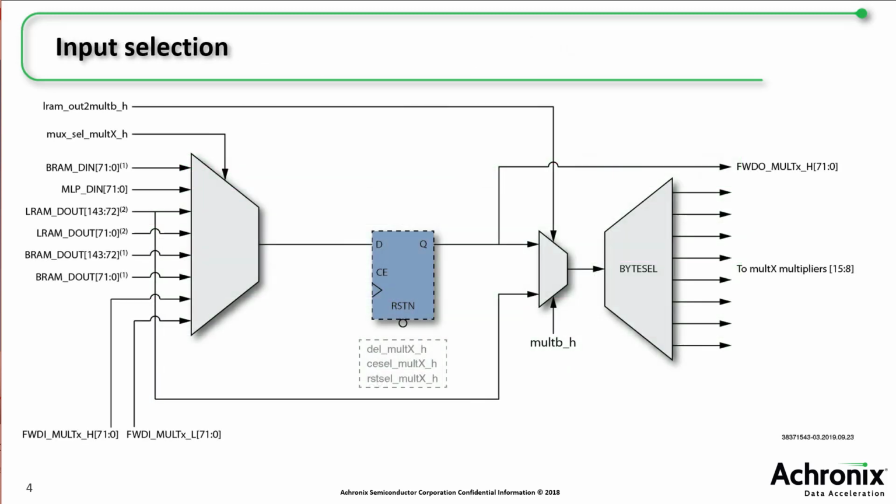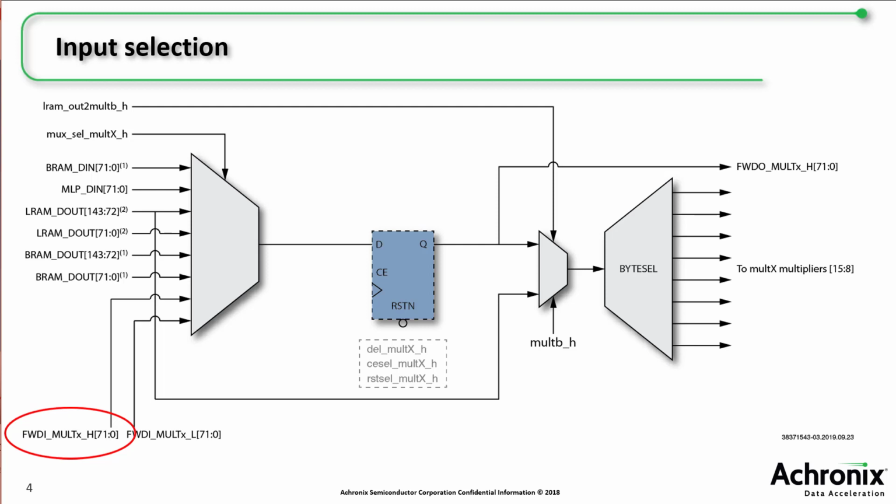Firstly, before processing any data, we need to get the data input to the MLP. The input to the MLP supports a variety of different sources. The 72-bit input bus, the 72-bit shared input to the coupled BRAM, the 144-bit output of the BRAM, the 144-bit output of the coupled LRAM, and finally cascaded inputs from the MLP in the same column below.